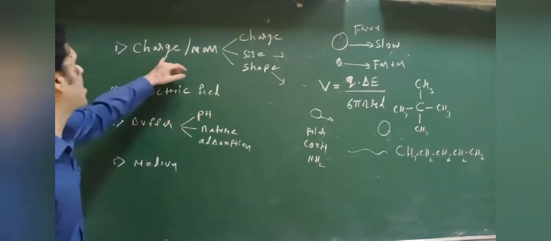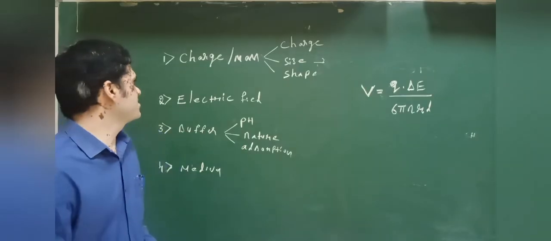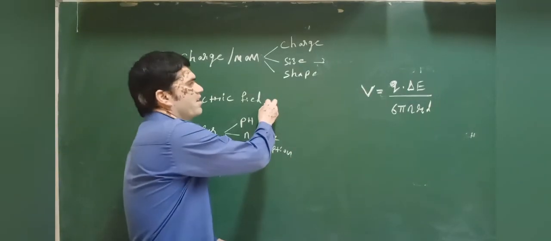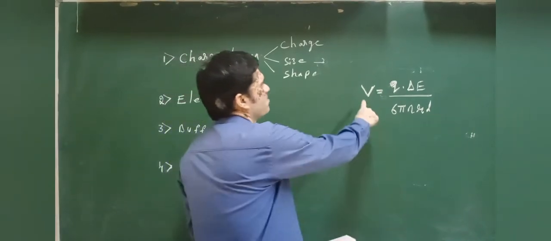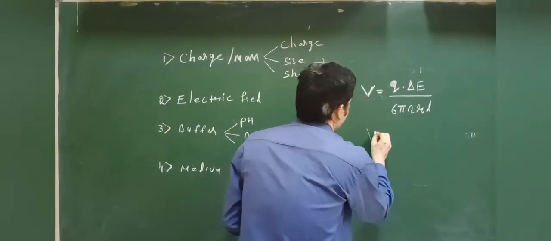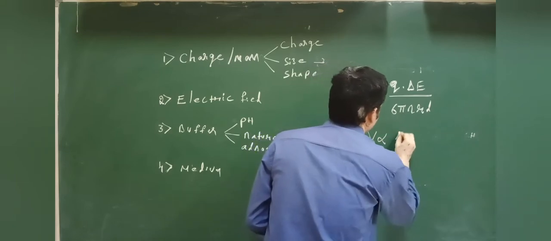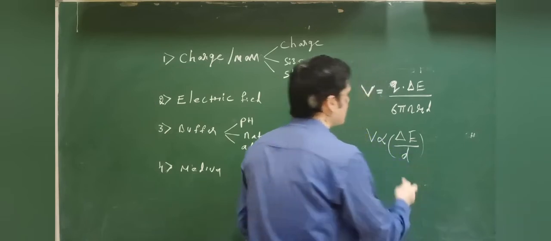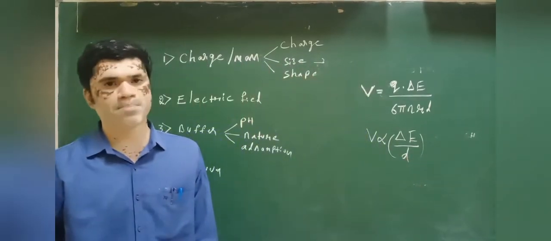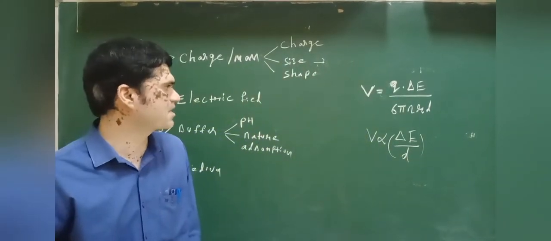So this is about charge to mass. Now let us study the effect of electric field on the electrophoretic mobility. From this equation we can see that V is proportional to ΔE/D, where ΔE/D is the applied electric field.